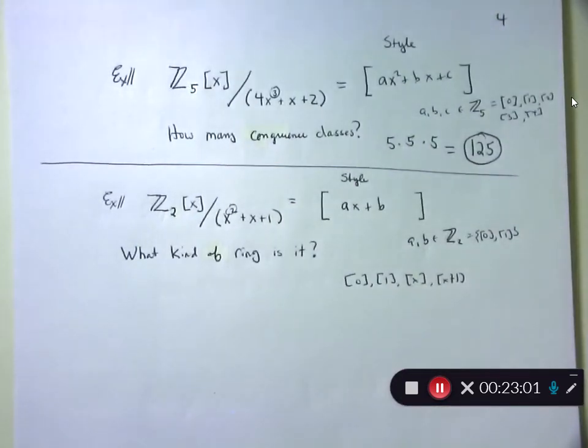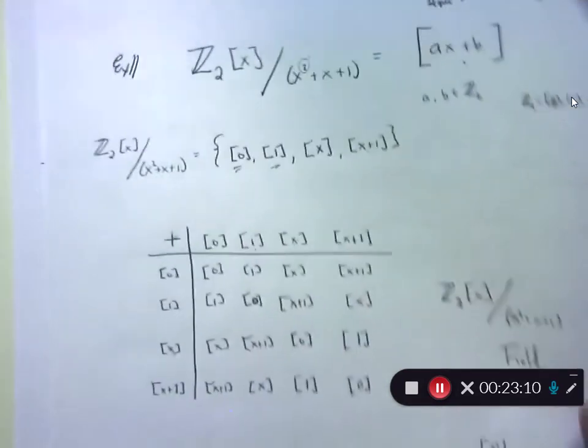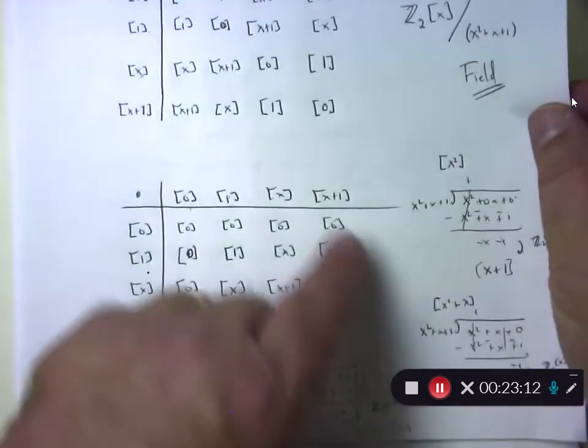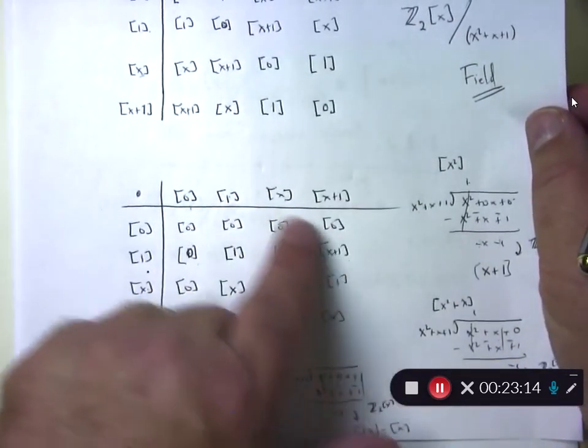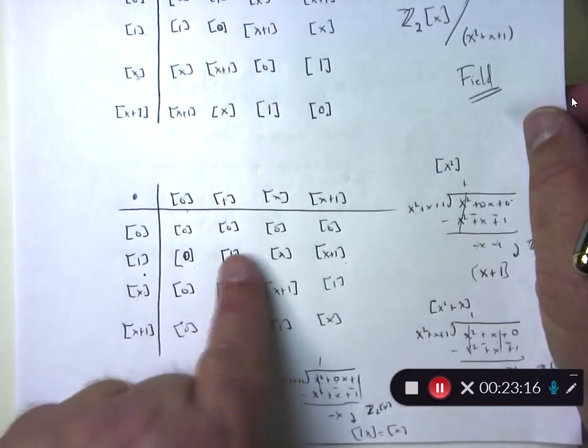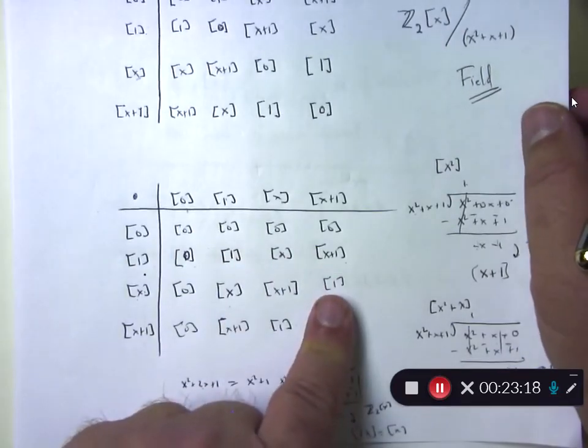And what kind of ring was it? Well, this is the one that we did before. If we go back and take a look at it, here it is right here. You had to look at the multiplication table to see that there are no zero divisors, so it's an integral domain.